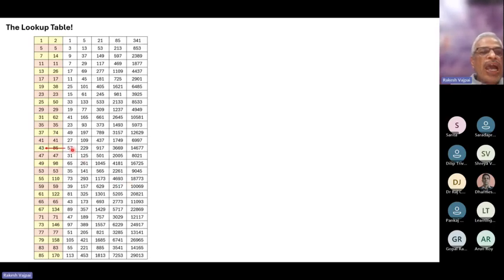I simply look at 57, and it gives me the next number, 43. Then for 43, I look up again in this table. I find 43 here, and its next number is 65. And likewise, I keep going and keep figuring out my next number.